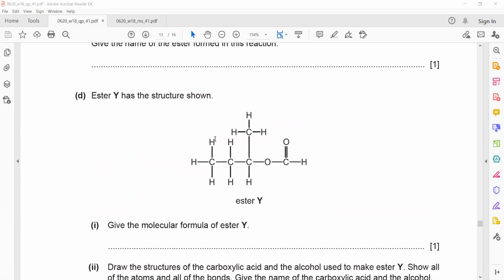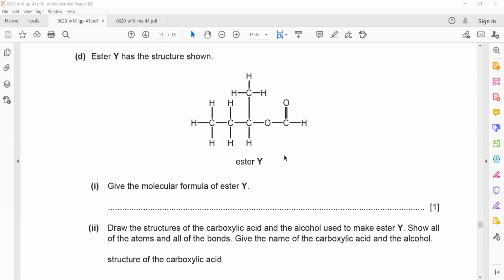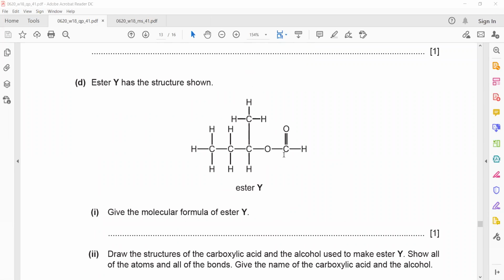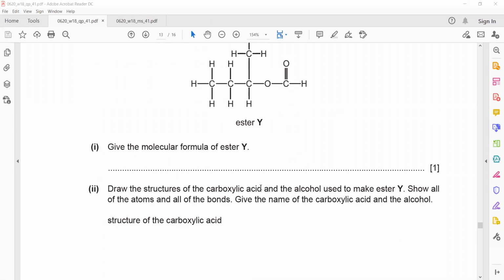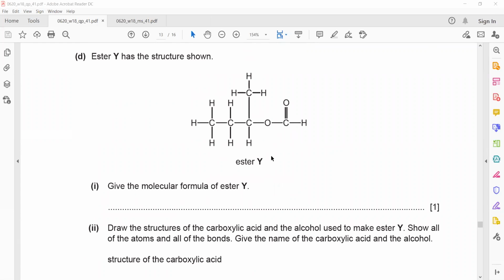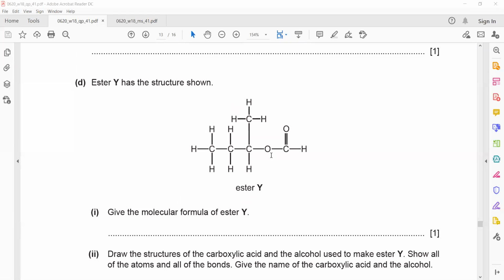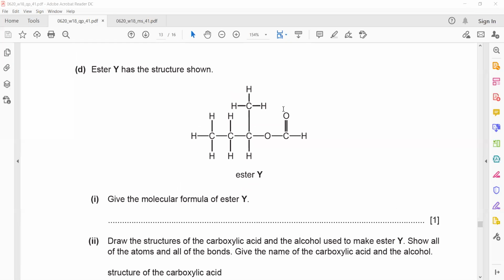Ester Y has a structure. Give the molecular formula of ester Y. Molecular formula means how many carbon atoms, how many hydrogen atoms, and how many oxygen atoms. Like overall, the formula which represents the actual number of atoms present in a compound.